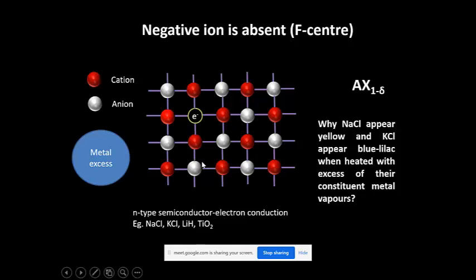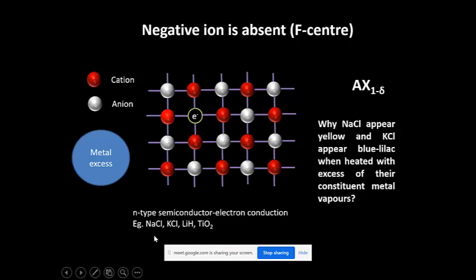Okay, but remember, this crystal is electrically neutral; it is only semiconducting, and it is n-type because the charge carriers are electrons. Again, if the anion is less, that means the cation will be more, so it is a metal excess kind of defect.